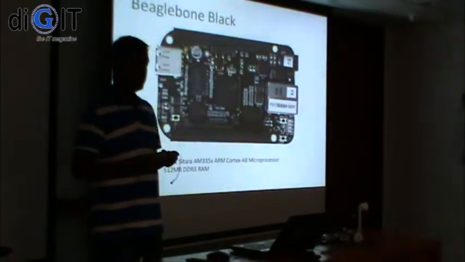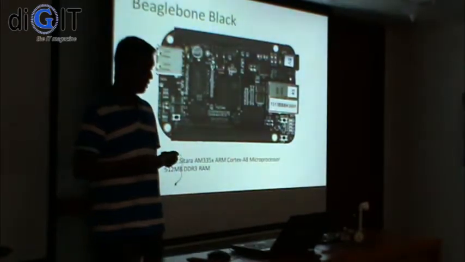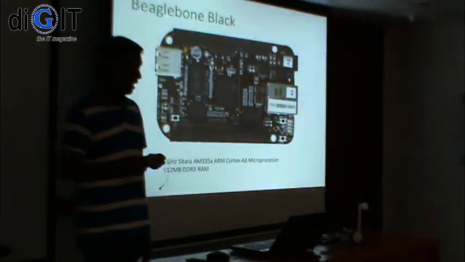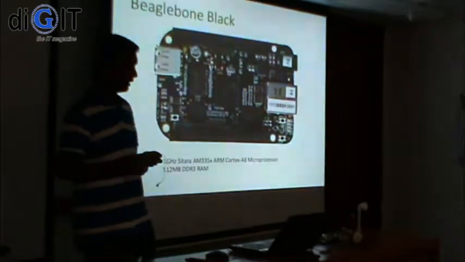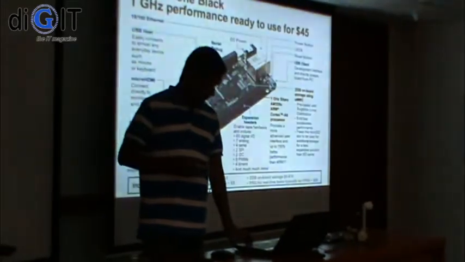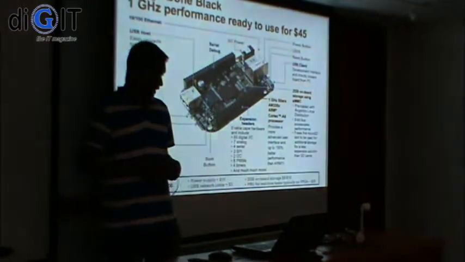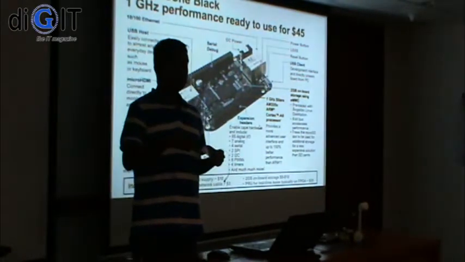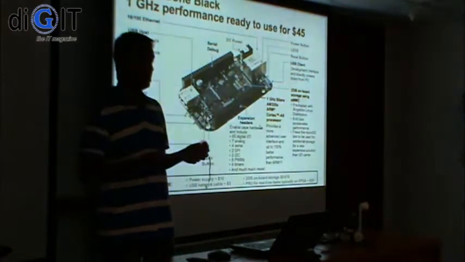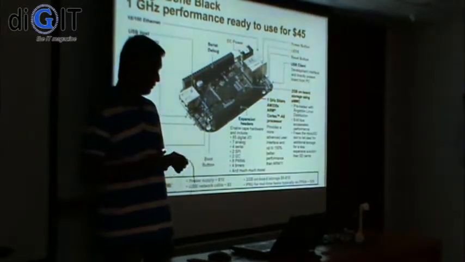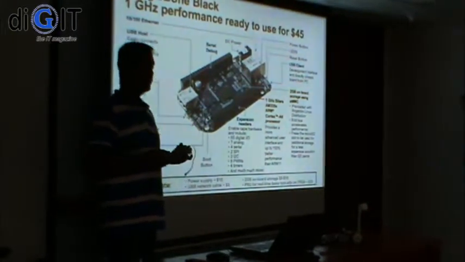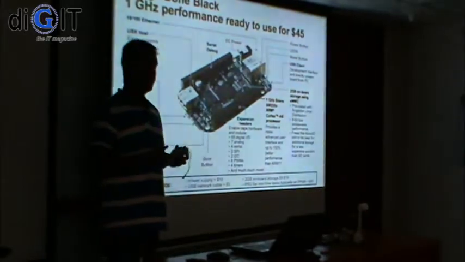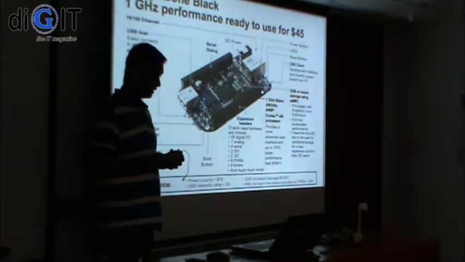It has a 1 GHz ARM Cortex A8 microprocessor, and 512 MB of DDR3 RAM. And it has an Ethernet port, USB host connectivity. You can connect mouse, keyboard, webcam, anything. Micro HDMI port, you can connect it to the TV or monitor, and micro SD connector.